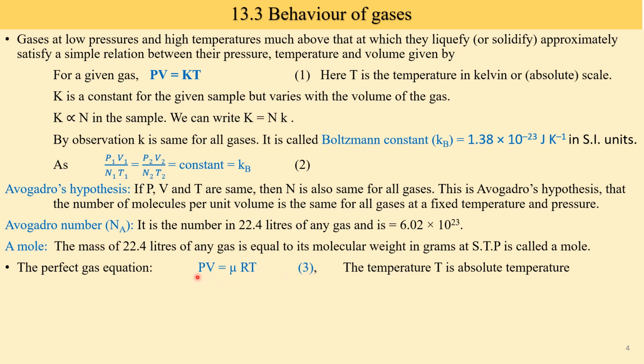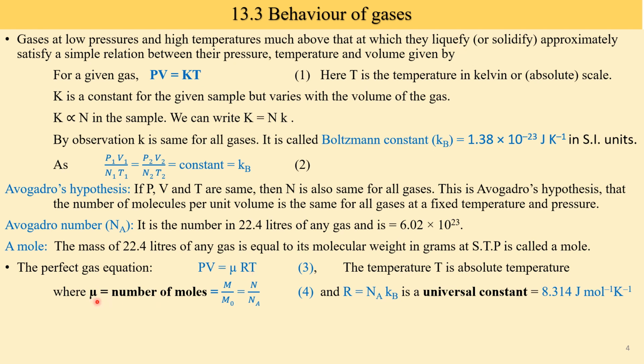In this equation, P is pressure, V is volume, mu is the number of moles, R is the universal gas constant, and T is the temperature in Kelvin, or absolute temperature.